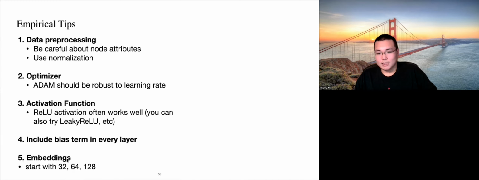And for the embeddings, I will just start with 32, 64, 128, these kinds of numbers. I think for more of the experiment issues, Michael will talk more about that. So here's just my empirical tips that come right out of my head.